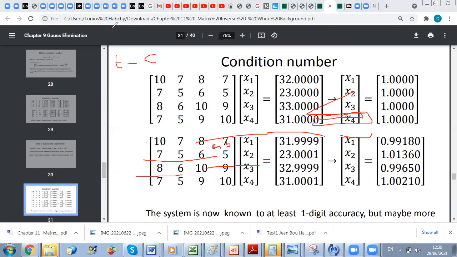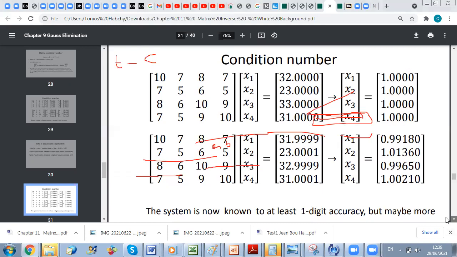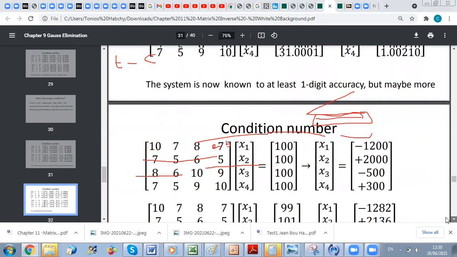In the first example I gave you, the worst case scenario turned out that I can't trust any of the digits.